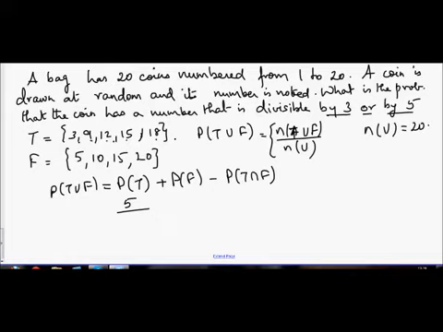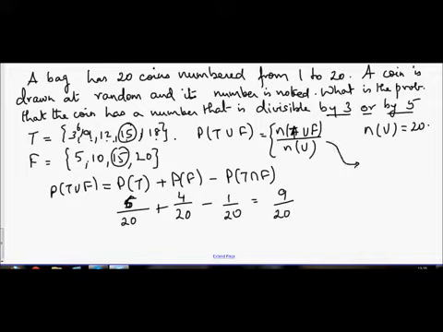I think we have left a number here, 6. So T is 6 over 20, F is 4 over 20, and T intersection F, the common number, is only 15, so it is 1 over 20. That would give me 9 over 20.